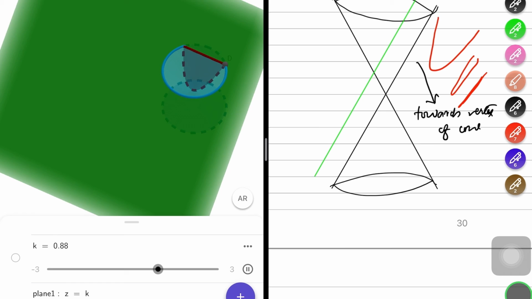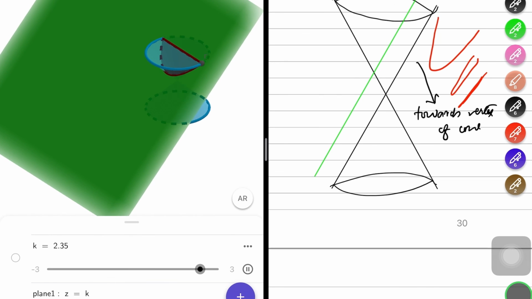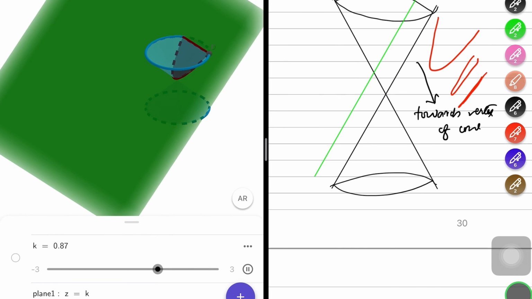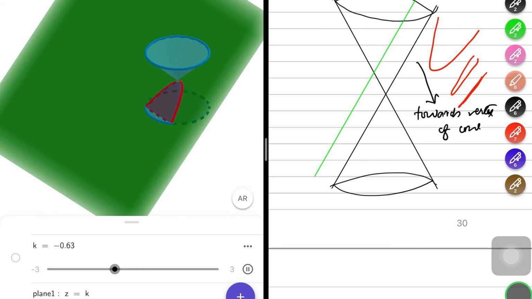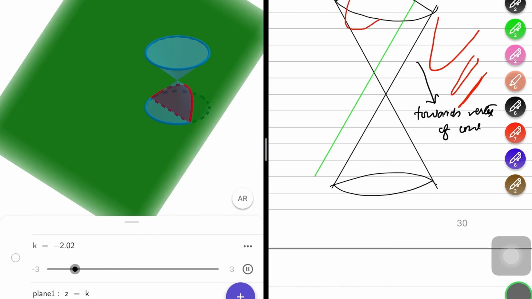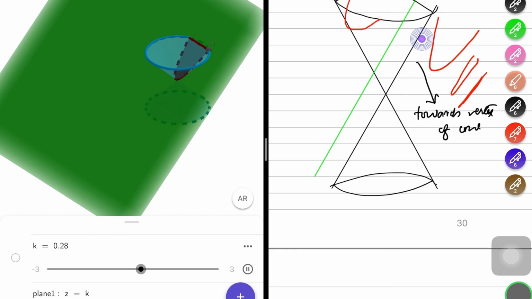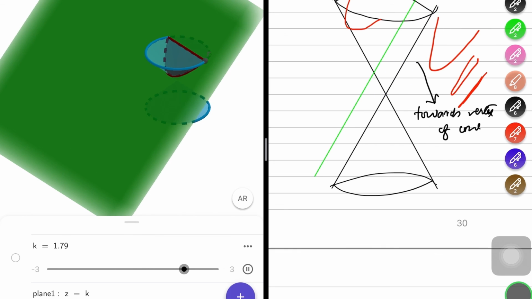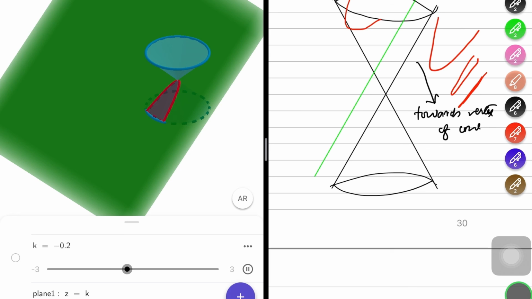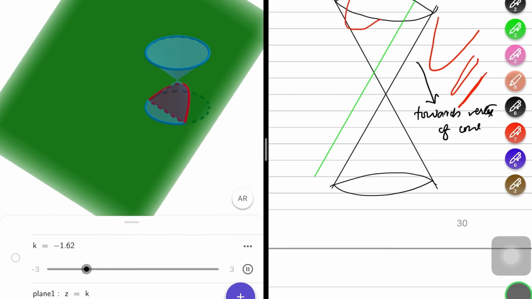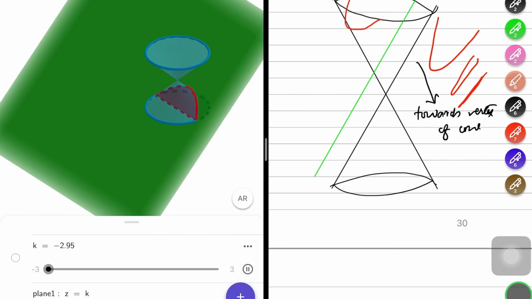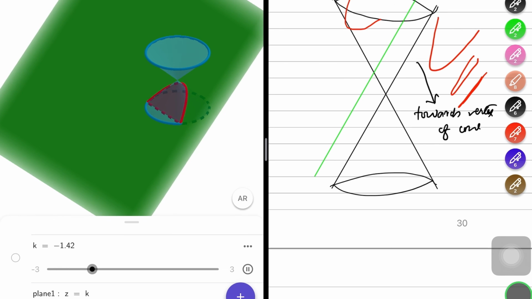As the plane moves away from the vertex, its size increases, and as we move towards the vertex, its size decreases. Shape decreasing means both the symmetric branches converge to a straight line.